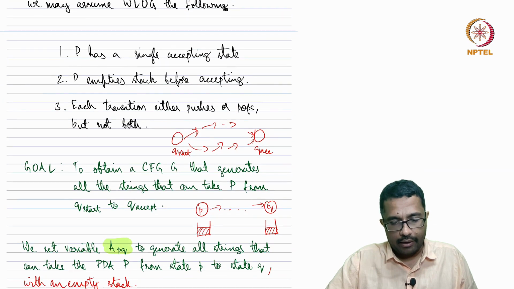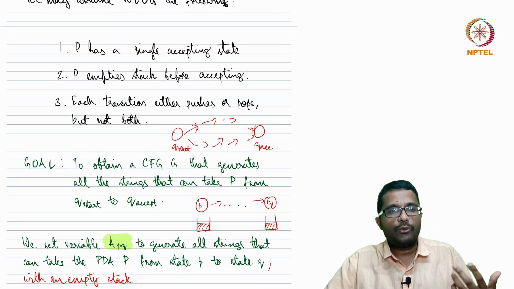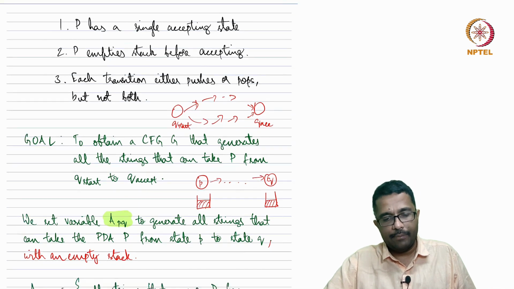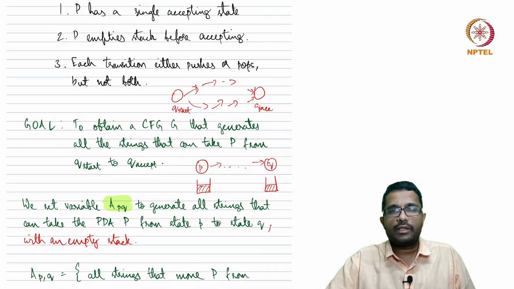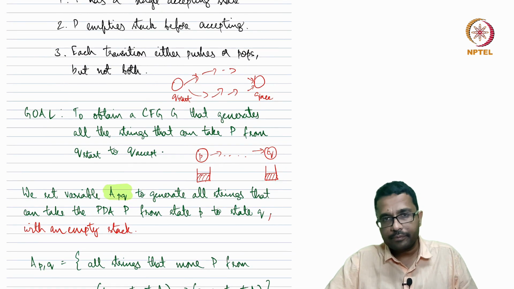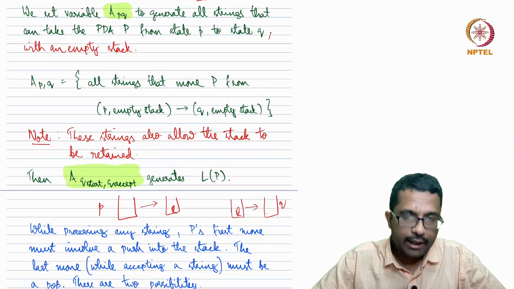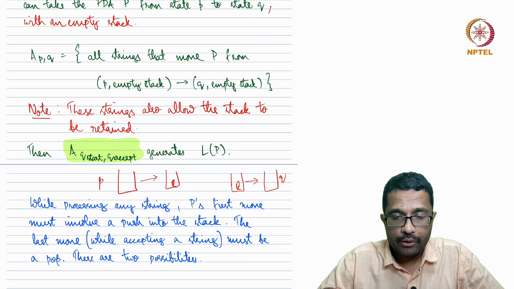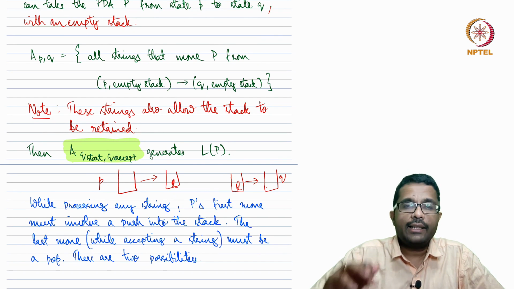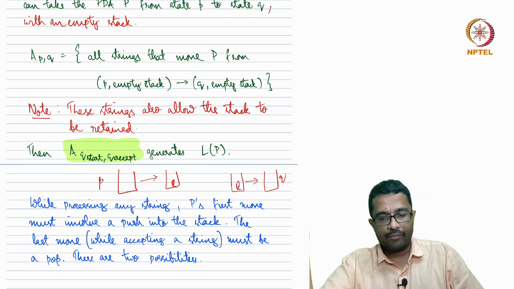We assumed some normalizations which we had shown are possible for any PDA, namely the PDA has a single accepting state, empties its stack before accepting, and every transition involves a push or a pop, but not both. The grammar involved variables A_PQ, which correspond to those strings that can take the PDA from state P with an empty stack to state Q with an empty stack.